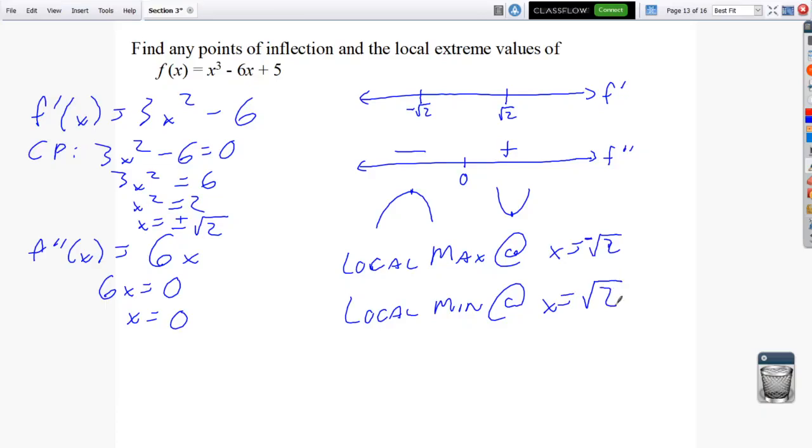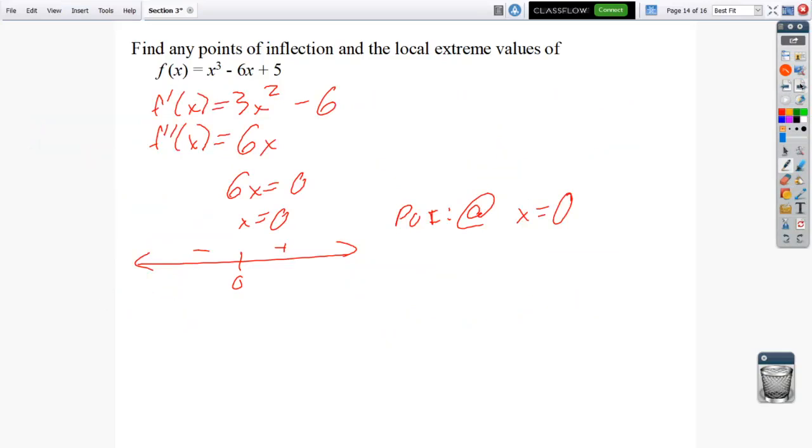And of course, to find the y values, I would just plug these back into the function. So the local maximum would be f of negative root 2, and the local min would be f of positive root 2. Woohoo! There we go. Alright.